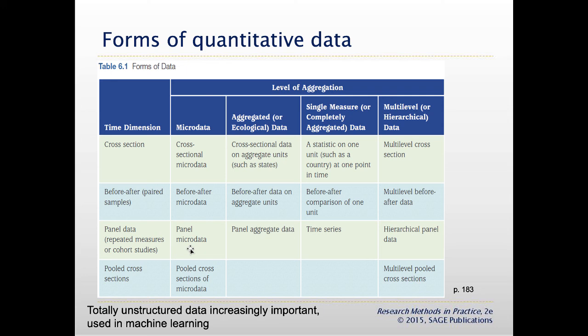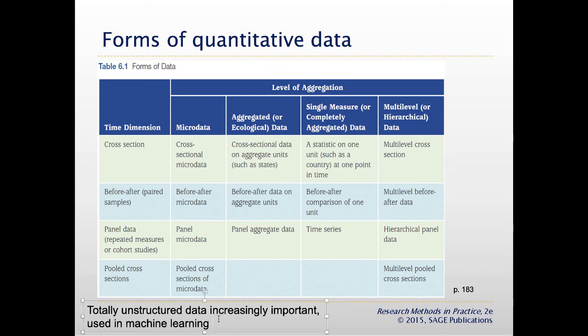Or maybe I follow my CUNY students through their entire time at CUNY, getting lots and lots of data on them, but still at the student level. Or maybe I'm back to having a cross-section, but it's just all aggregated. So now what I mean about cross-section is it's a point in time, but I have one aggregated unit. So you can see how these all fit together.